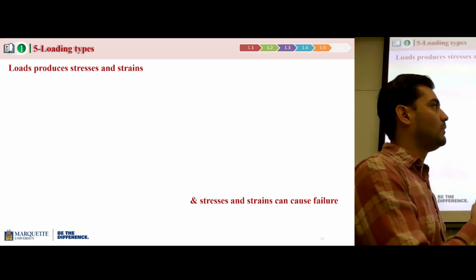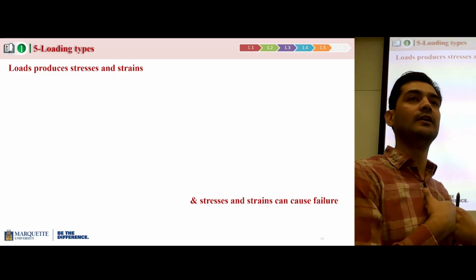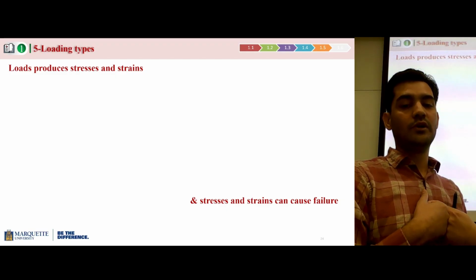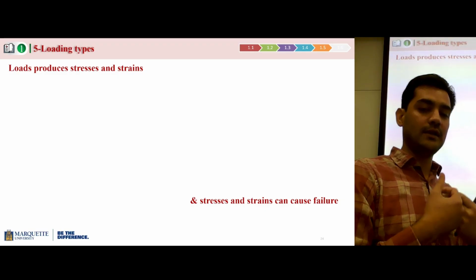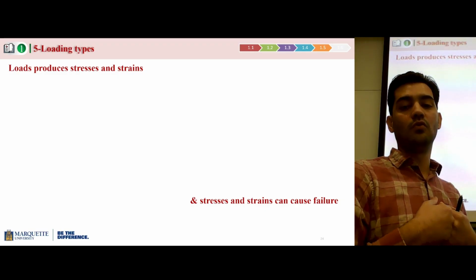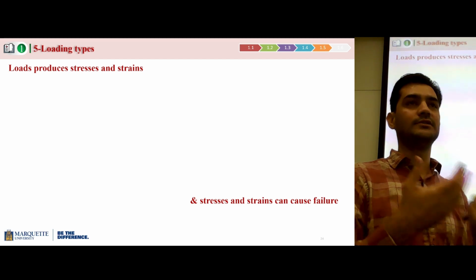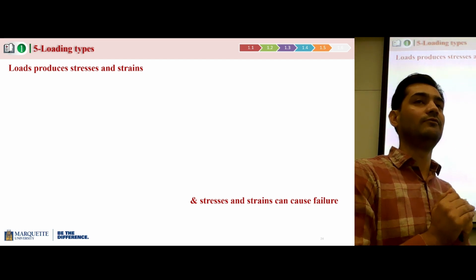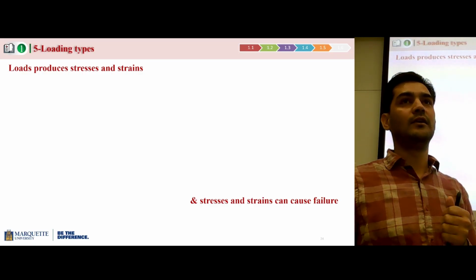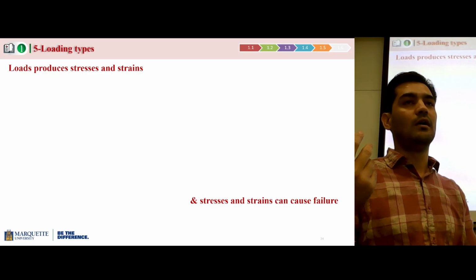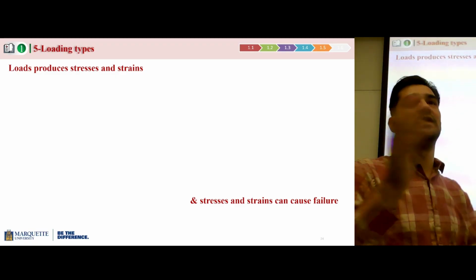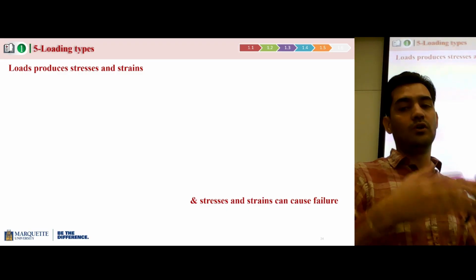So remember, we were interested to calculate the failure. We are interested to know when something will fail. In order to know when something is going to fail, we need to know the stresses and strains inside that thing. For example, if we are interested to know when a ship will fail, we need to know, if it's going to be hit by an iceberg, what external loads are applied on that ship as a result of that impact, and what the internal loads are.